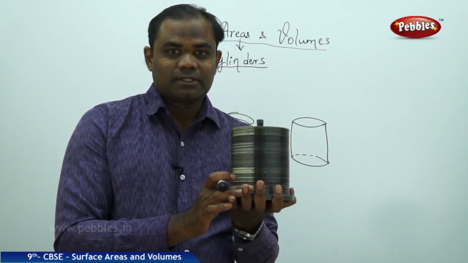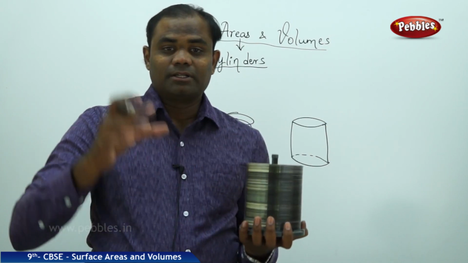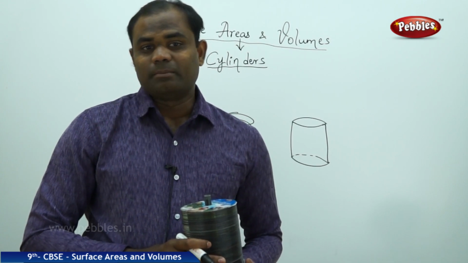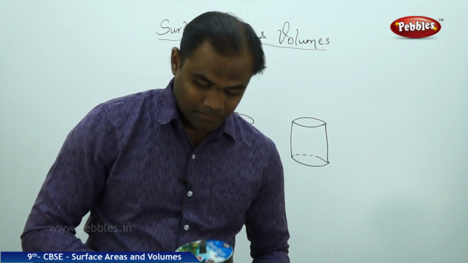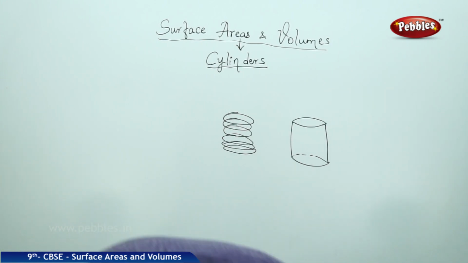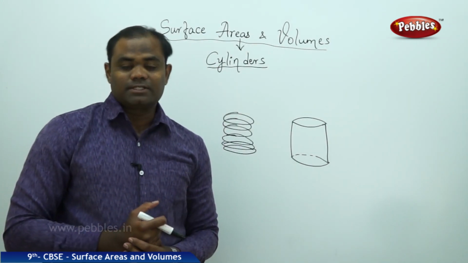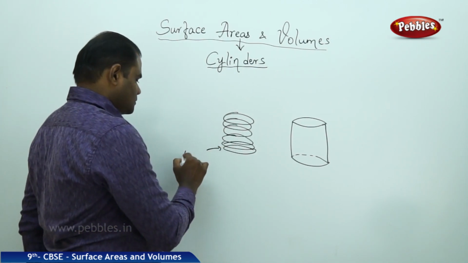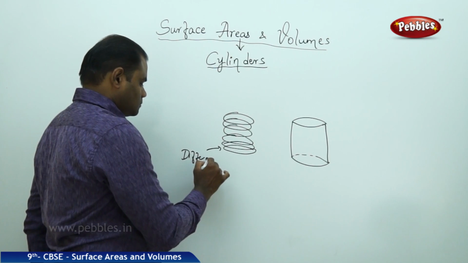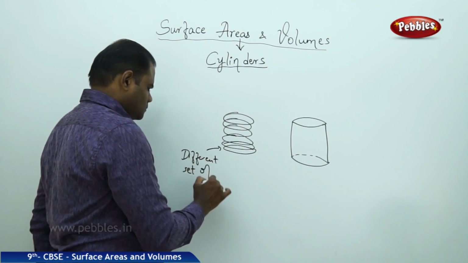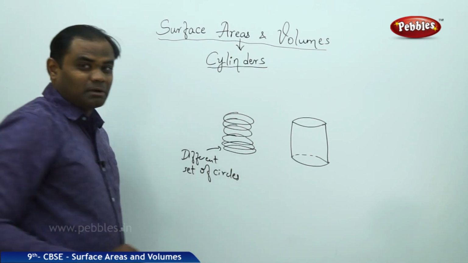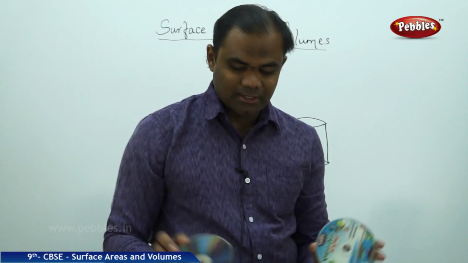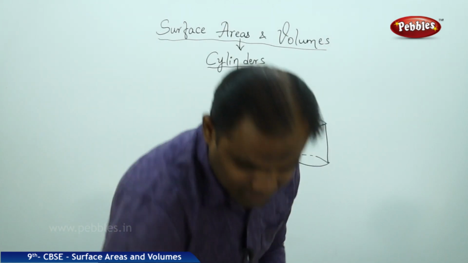So in mathematics, the set of infinite circles built on each other to form a cylinder is how we understand it through mathematical means. Now let's try to make it more brief. If I take two different CDs, I see that the two CDs are equal in size.